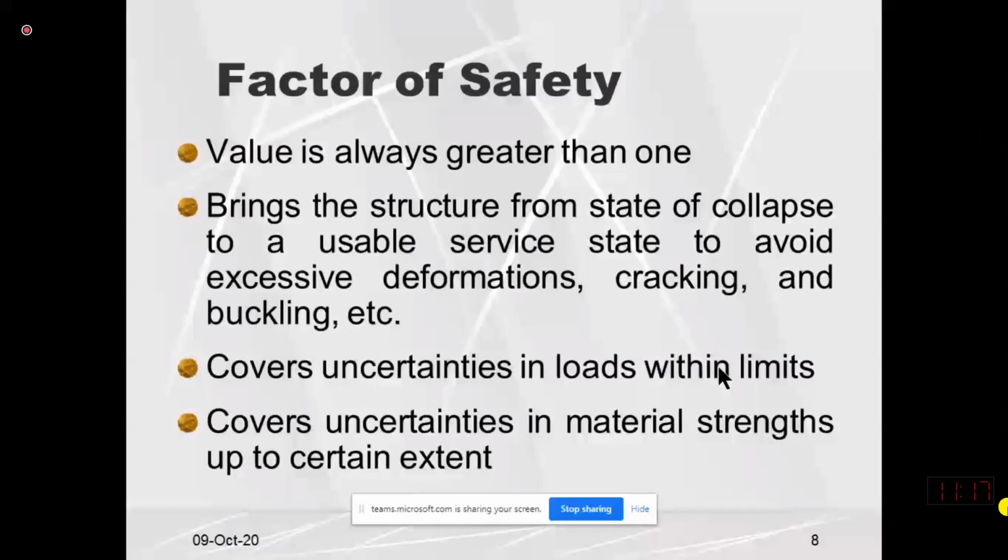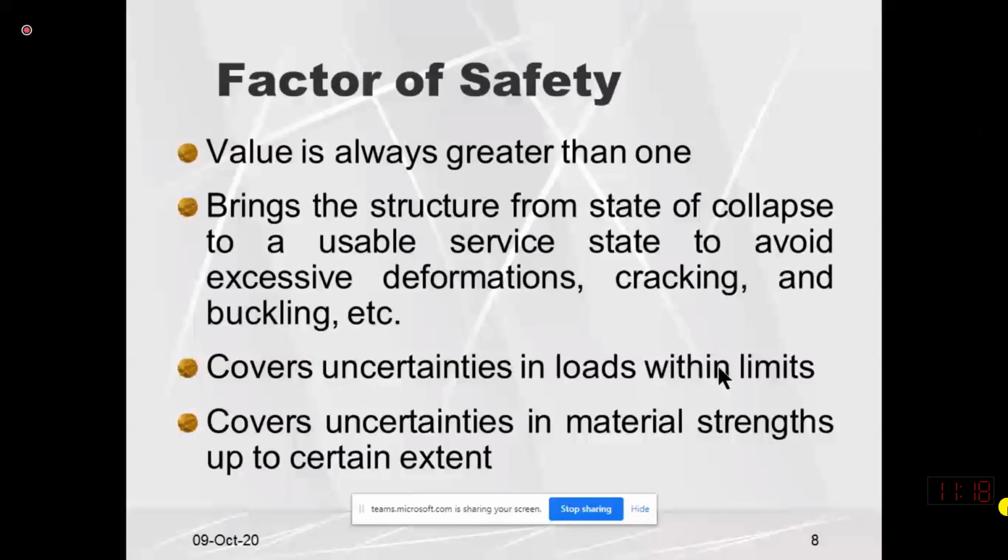But when I tested that material in our strength of material lab, the actual yield strength was not 250, it was maybe 230. It was less. It means that I assumed larger strength, but the actual strength is less. So the factor of safety that I have used may cover a little bit of uncertainties or deficiencies in estimating the material strength.